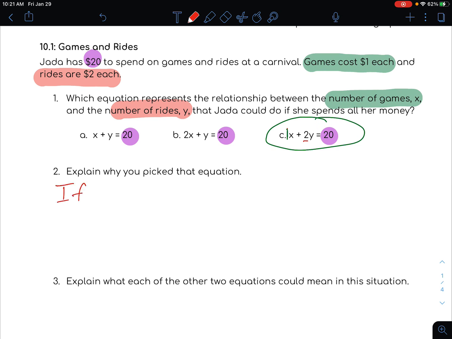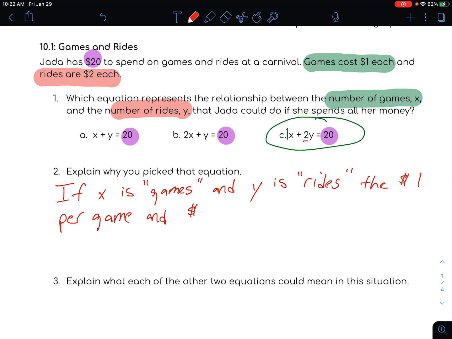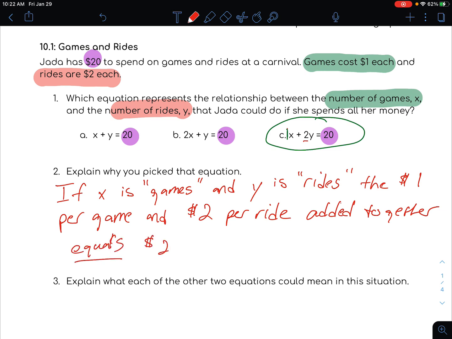So if x is games and y is rides, then $1 per game and $2 per ride added together equals $20 total that Jada spent.